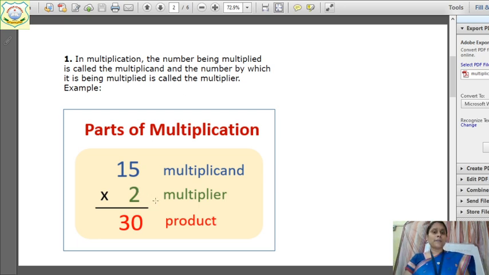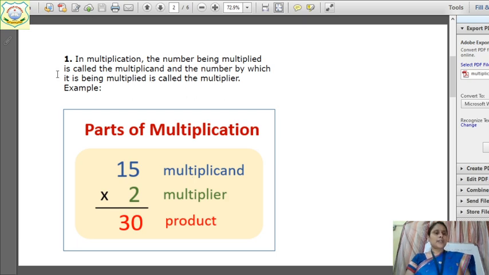So 2 will be known as multiplier. And whatever the answer we get is known as product. Okay? So the number which is being multiplied is known as multiplicand, and the number with which it is being multiplied is known as multiplier, and the answer is known as product.